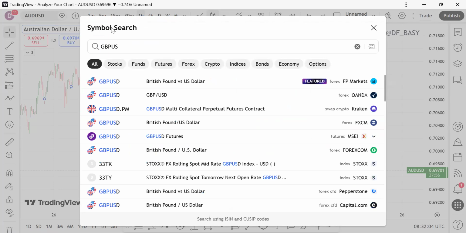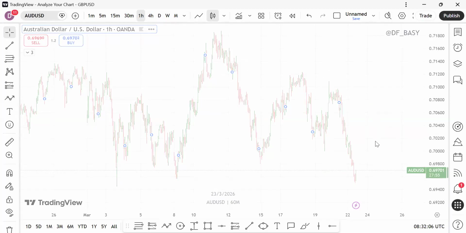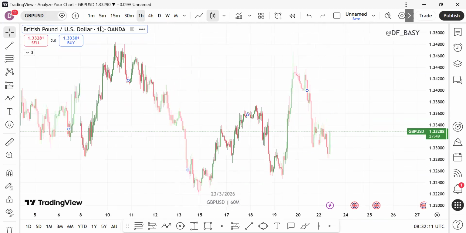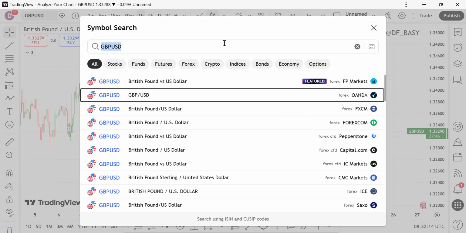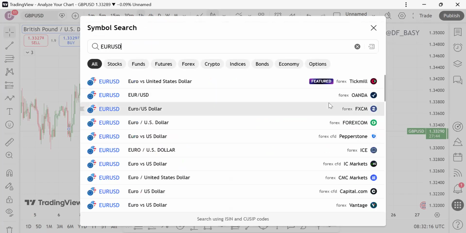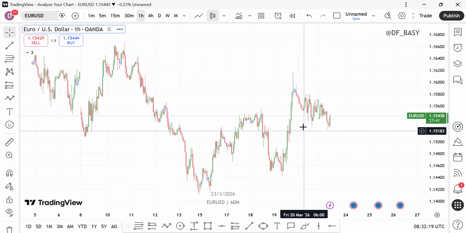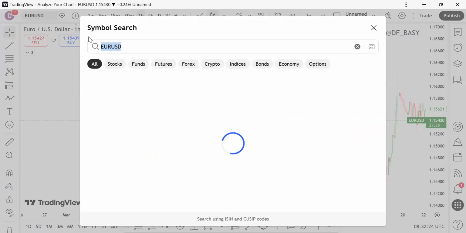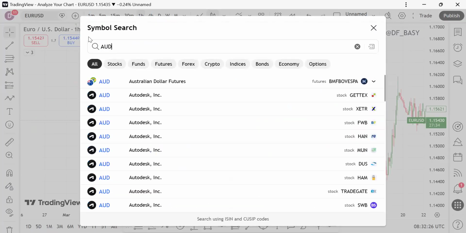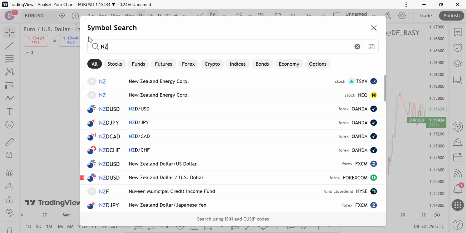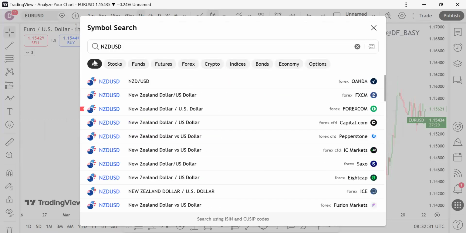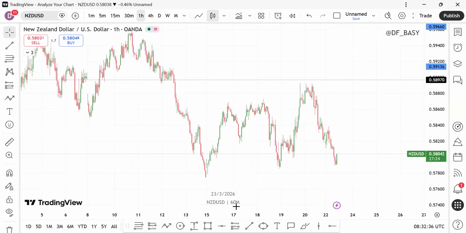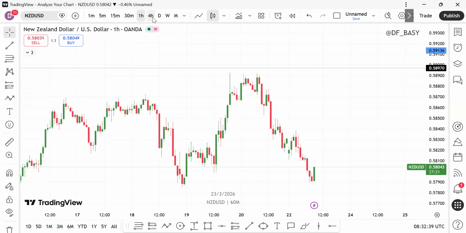GBP USD. Hold on, I'm looking for perfect. I saw a pair that was bearish. Okay, let me go with this, the NZD USD. I think it will do the trick. So now NZD USD, what do we have?